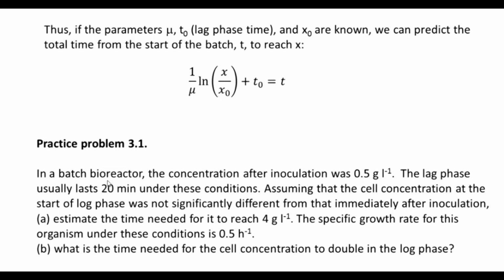The problem reads: in a batch bioreactor, the concentration after inoculum was 0.5 gram per liter. This is the initial cell concentration. The lag phase usually lasts 20 minutes under these conditions. Assuming that the cell concentration at the start of the log phase was not significantly different from that immediately after inoculation, A, estimate the time needed for it to reach 4 gram per liter.